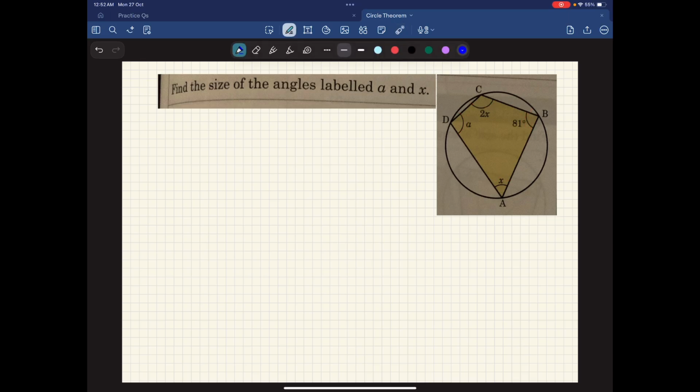What we're saying is that A plus 81 degrees should be equal to 180 degrees. Why? Because the interior opposite angles of a cyclic quadrilateral are supplementary. So they should add up to 180. So A is going to be 180 minus 81 degrees. So A is equal to 99 degrees.